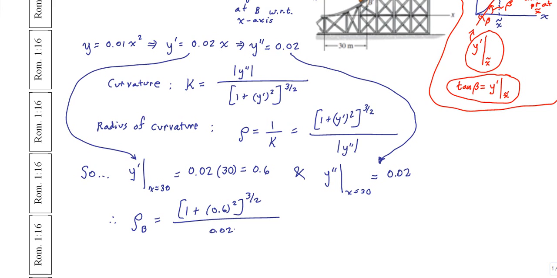And if you were to crank this out on your calculator, you should be able to find that the radius of curvature at point B, let me see if I can write this a little better, is rho sub B equal to 79.30 meters.